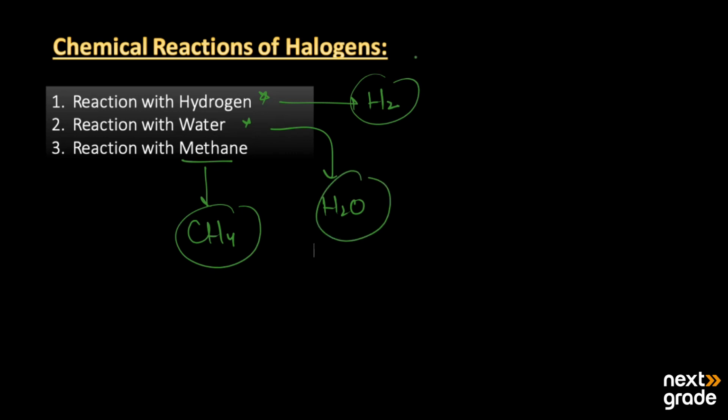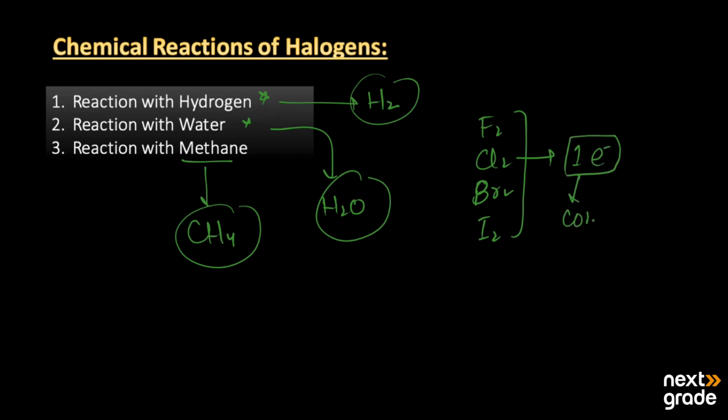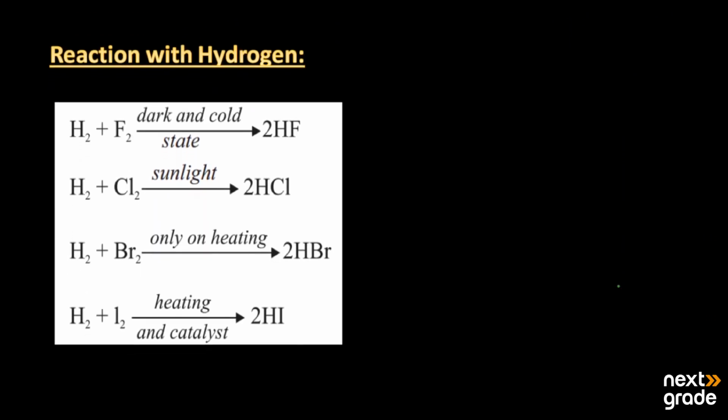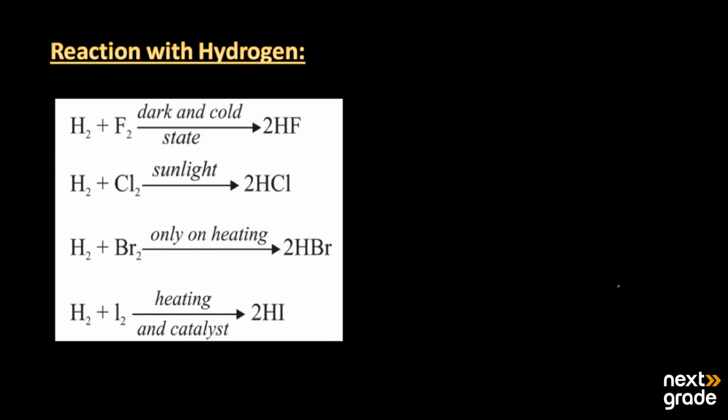All of that depends on which halogen we use, because there are four: fluorine, chlorine, bromine, and iodine. All four require one electron in their valence shell to complete their octet and get stability. So it depends on which substance they react with to form a stable compound.